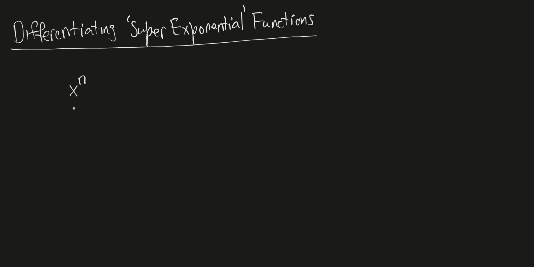So we have a basic power function here. And we can extend this power function by having not just the x as the base, but another function. So we could have something like f of x raised to the nth power. And we know we need to do the chain rule.